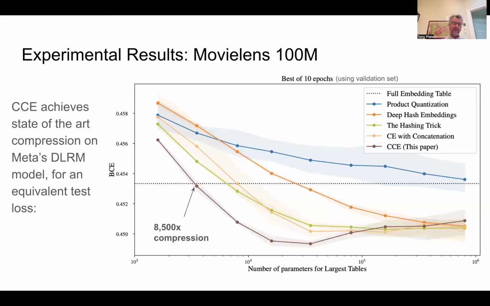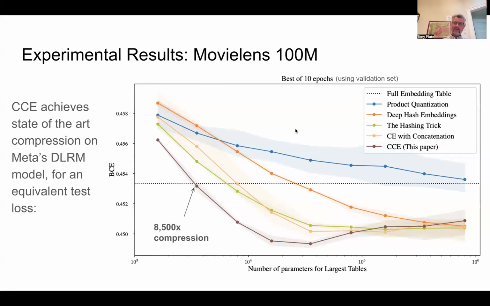How is that 8,500 times compression? I think because the dotted line actually uses more like 10 to the 7 or something. I would have to look it up. It was very expensive to run the experiments with that large table, and it seemed like the pattern had kind of emerged at this point. That's a good question.